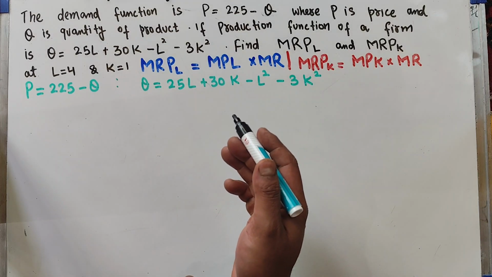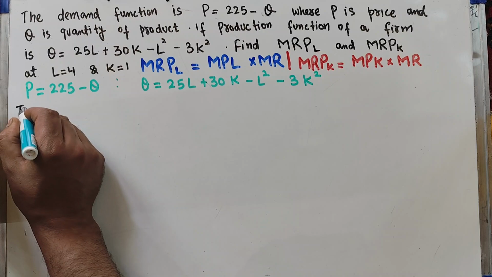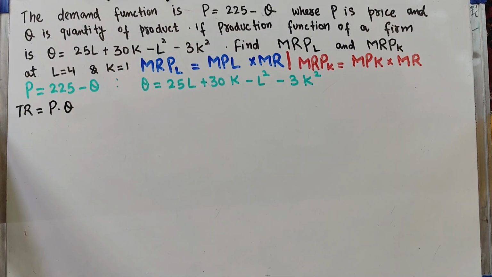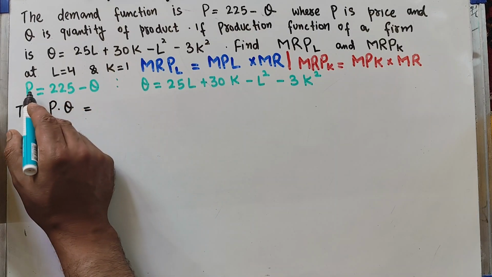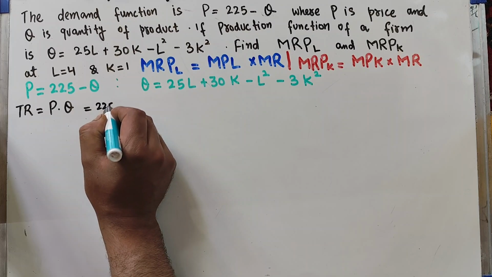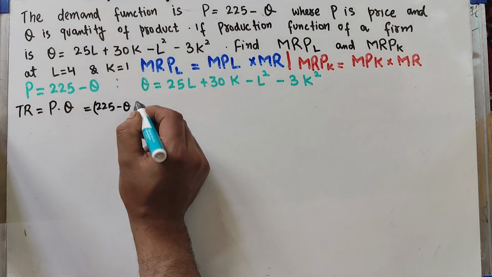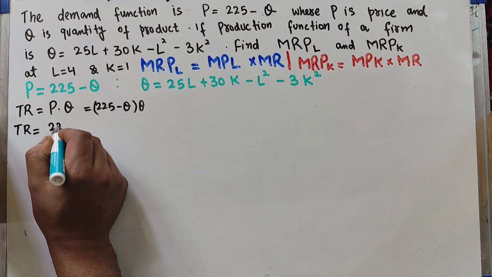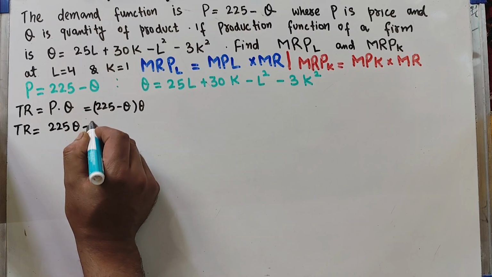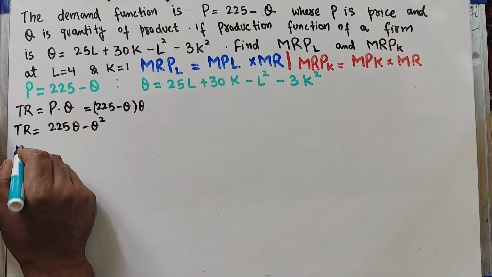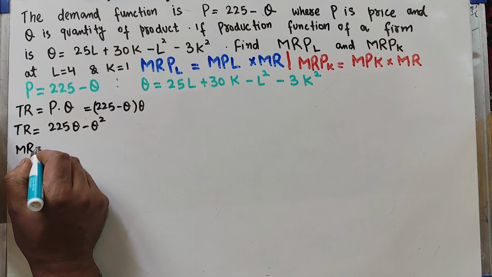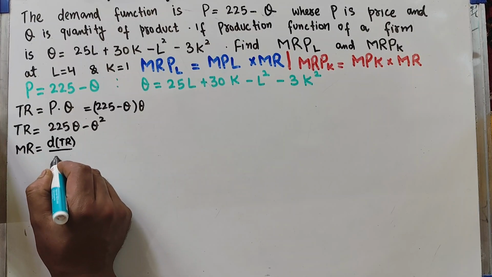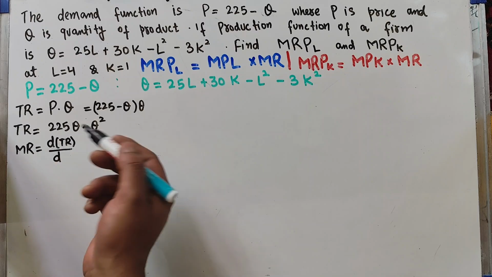To find out the marginal revenue, first we need to find out the total revenue. What is the total revenue? That is simply price times quantity of product. And here you can see P is this very function 225 minus Q. To this we need to multiply by Q. That means our total revenue will be equal to 225Q minus Q square, and marginal revenue is simply the change in the total revenue due to the change in the quantity of the product.